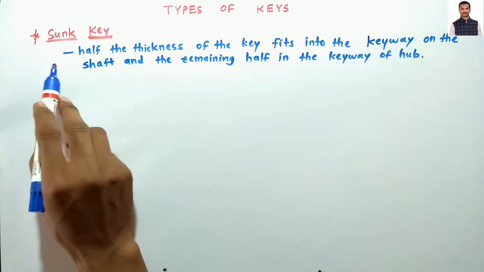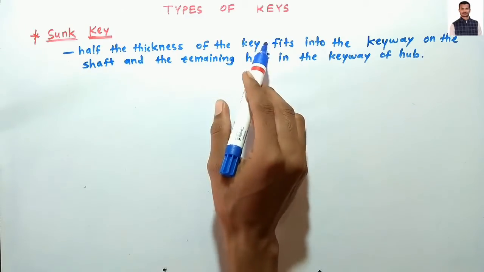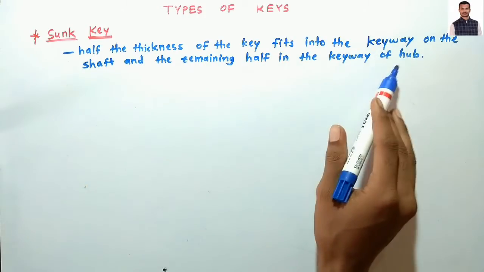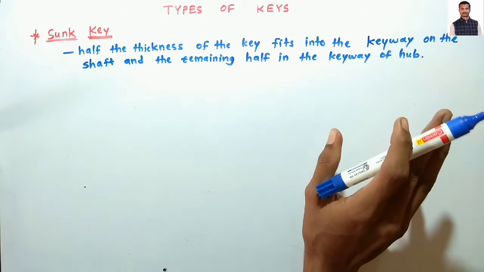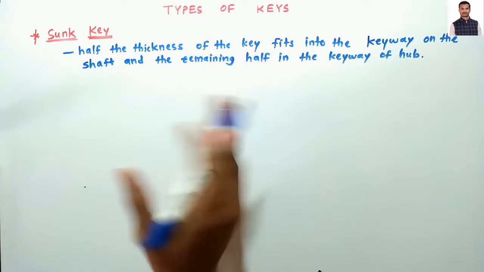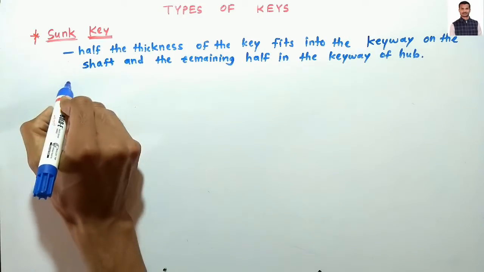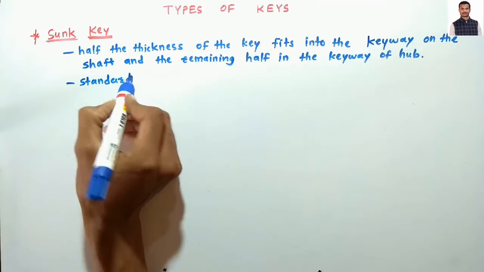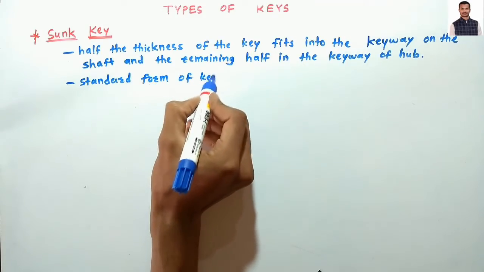So what is a sunk key? A sunk key is a type of key in which half the thickness of the key fits into the keyway on the shaft and the remaining half in the keyway of the hub. Keyways are required both on the shaft as well as the hub of the mating element.